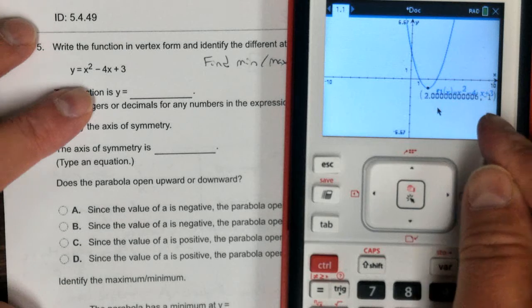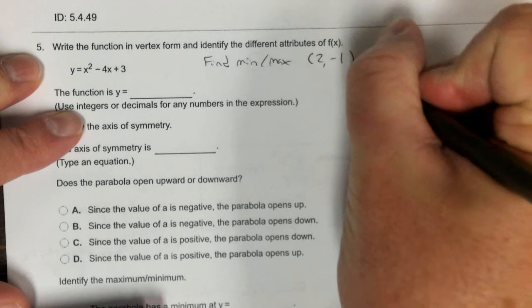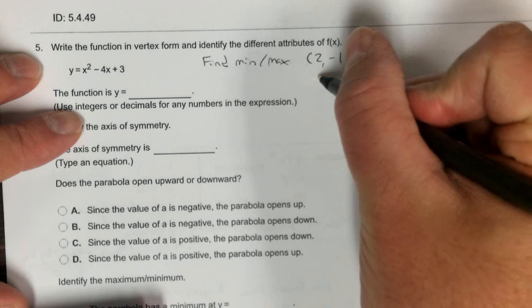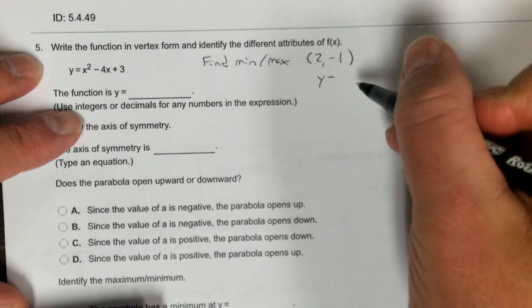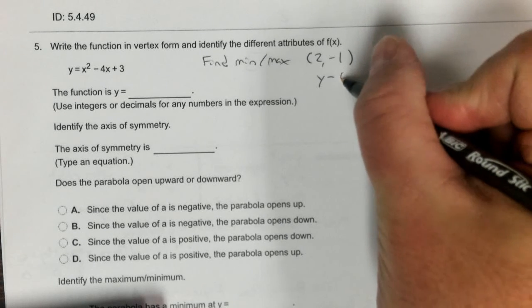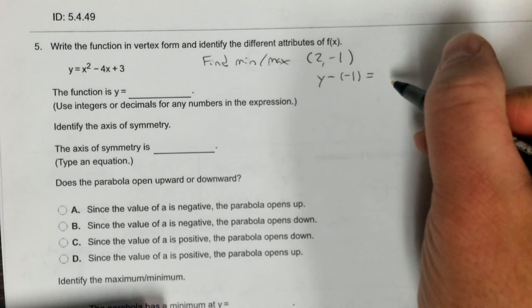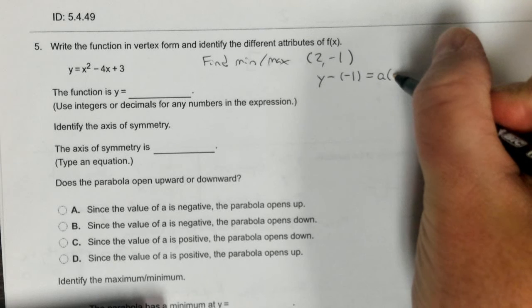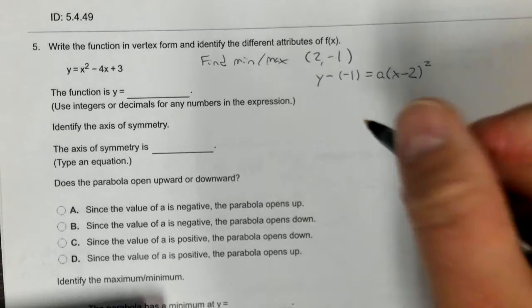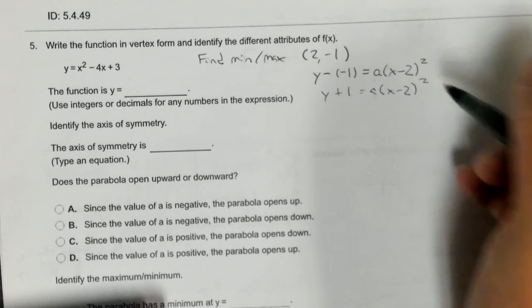That's (2, -1). So at this point, what we know is it would be y minus a -1 equal a times x minus 2 squared. So that's really y plus 1 equal a times x minus 2 squared.